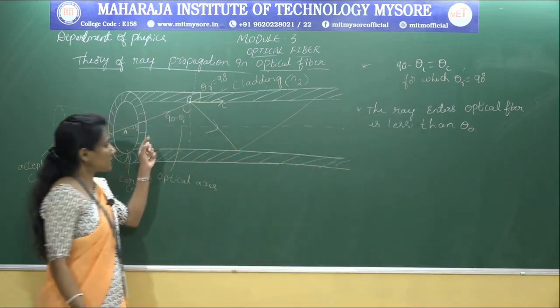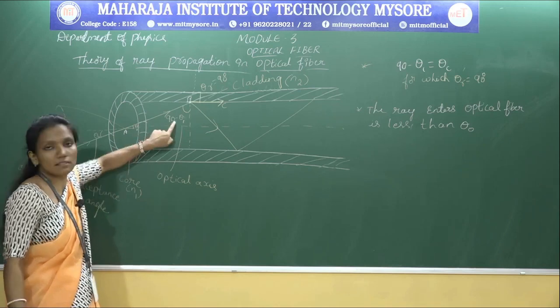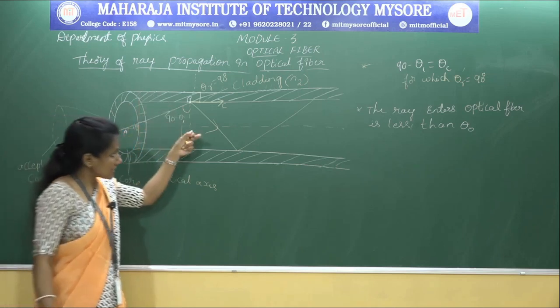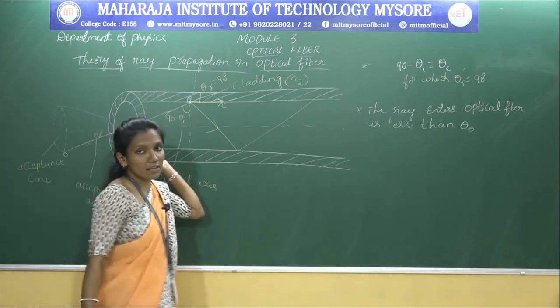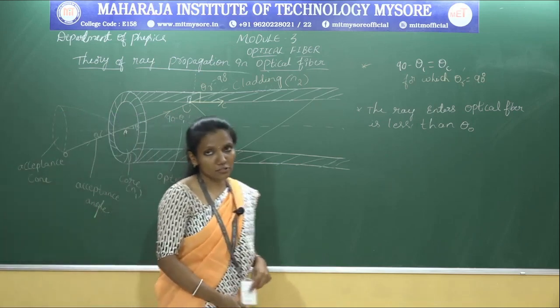So what is the angle of incidence for that ray? This theta 1, 90 minus theta 1. This light ray, whose angle is less than the acceptance angle, then only the total internal reflection takes place.